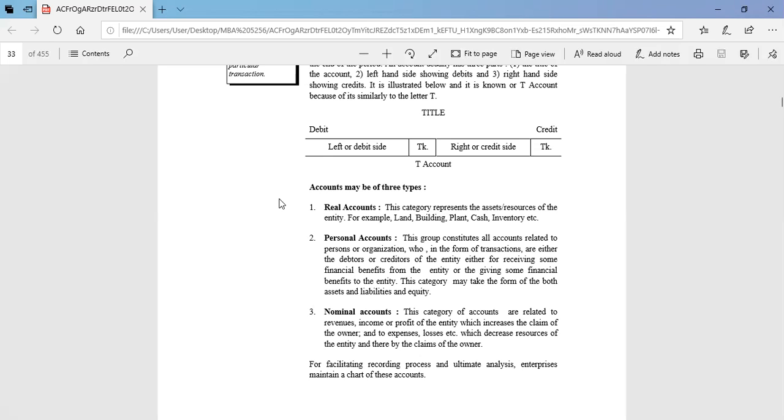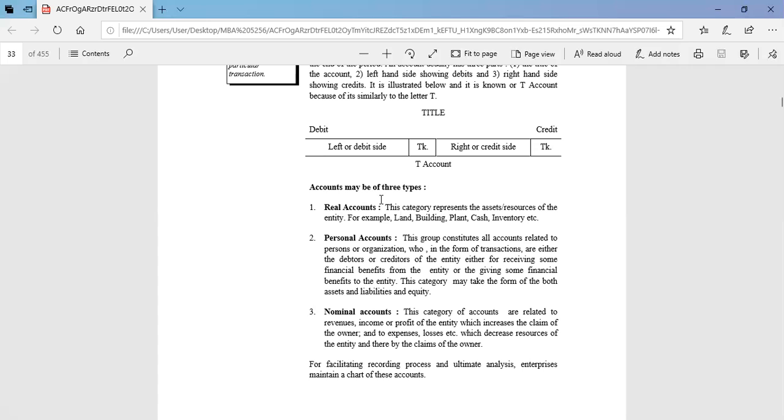Nominal account means transactions that regularly occur in our business world and increase and decrease the owner's equity. That means the accounts created through transactions which increase or decrease the owner's wealth are what we generally call nominal accounts. Here basically there are two types of accounts. One is the revenue account, another one is the expenses account.